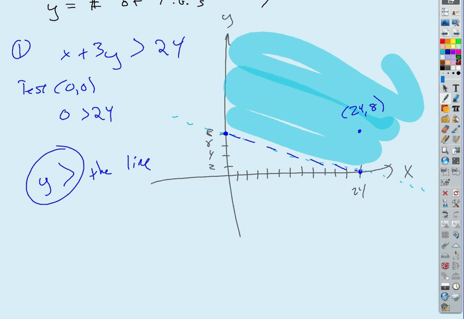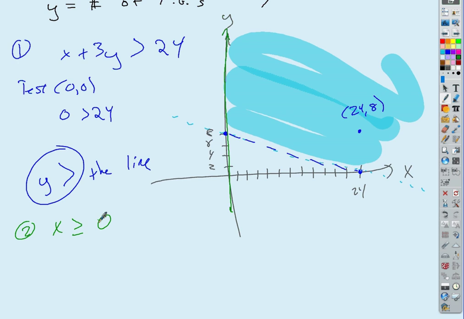Okay, so here's one boundary that we need to include. It needs to be to the right of the y-axis. Well, wouldn't we just say that by saying my second inequality would be x is greater than or equal to 0? Everybody agree? And that's going to give us everything to the right of the green line.